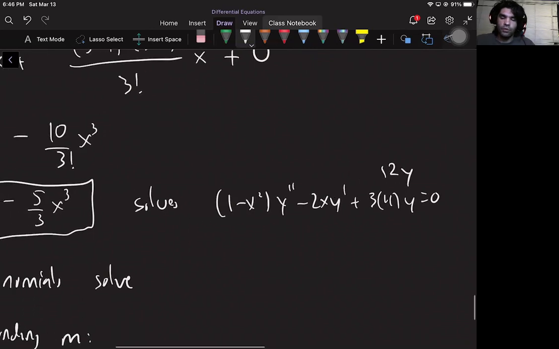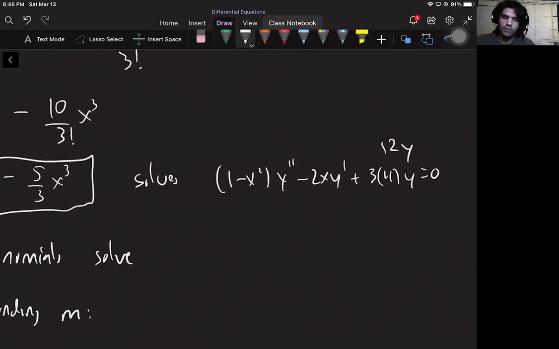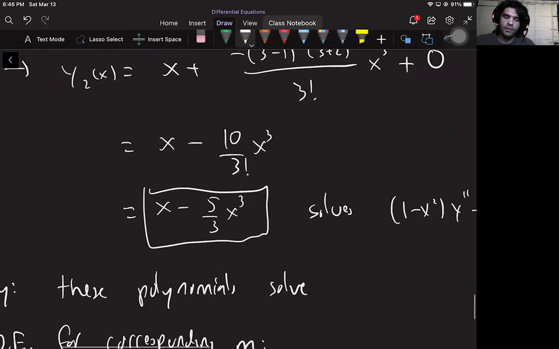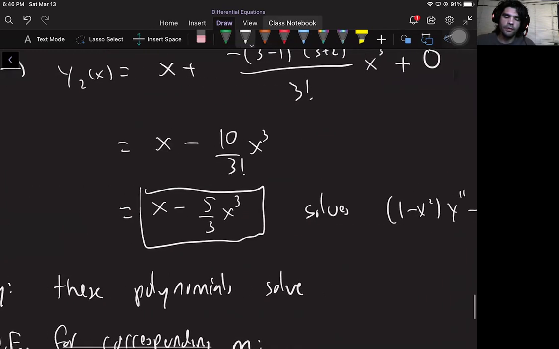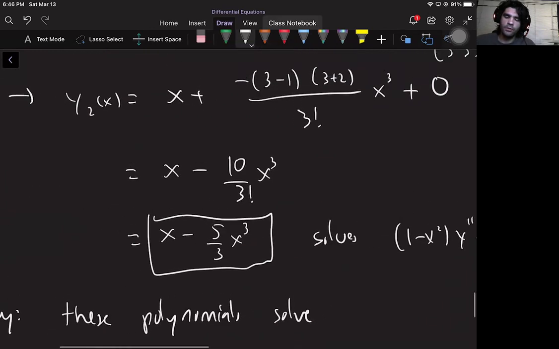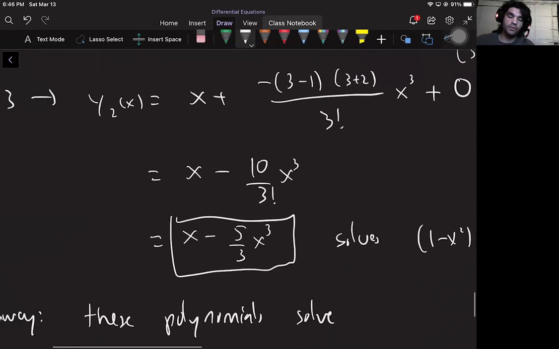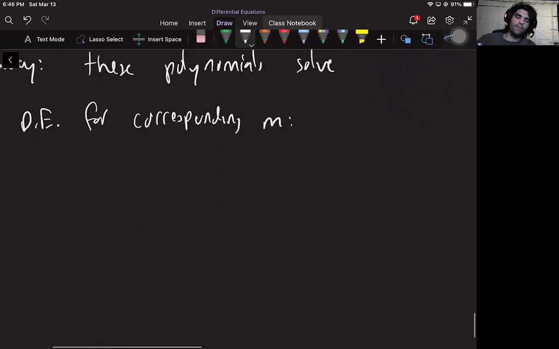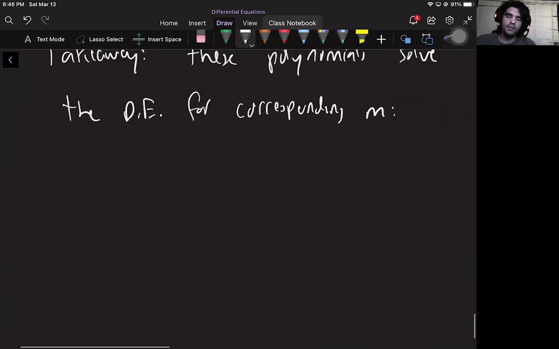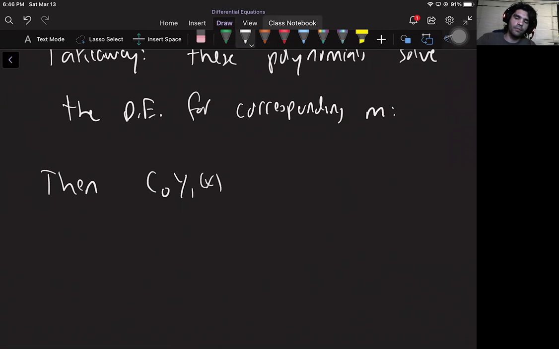But then for some other strange reason, we like to adjust these polynomials slightly. So remember that if you have a solution to a differential equation, that means any constant multiple of it is also a solution. So what we're going to do is change that C0 and C1. So then C0 y1 of x also solves it.